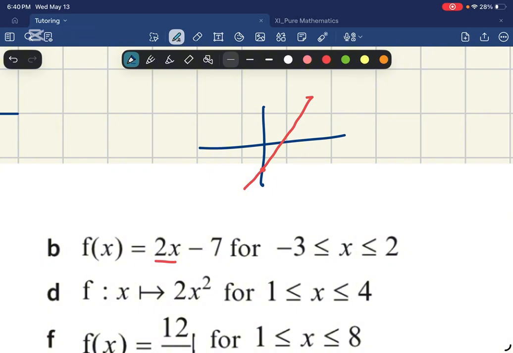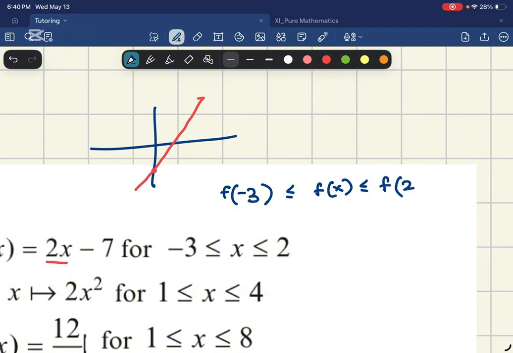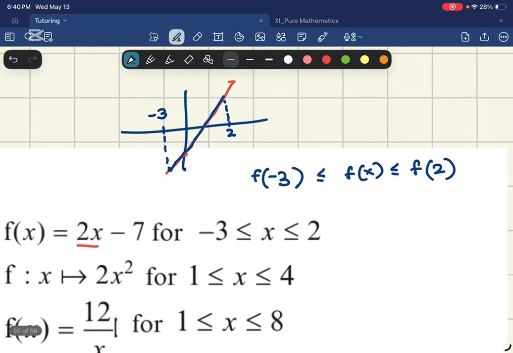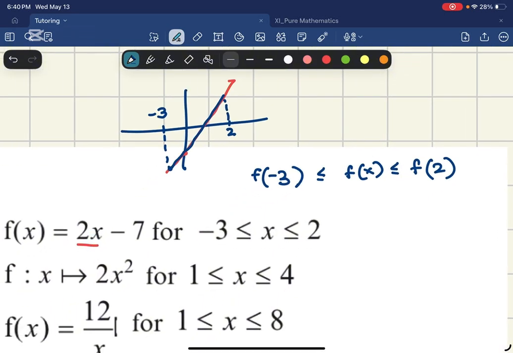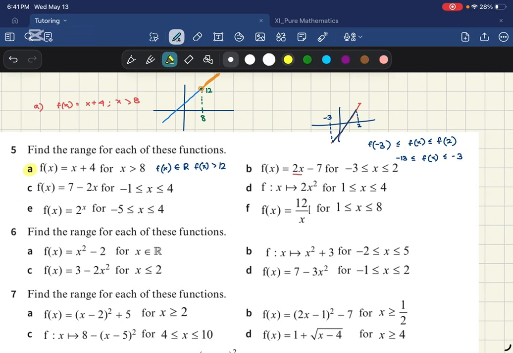You can't do it for all functions, but if it's an increasing function that is one-to-one, as in this case, then your range is just going to be from f of negative 3 to f of 2. So this works for this case. Because negative 3 is going to be here, and then it goes up until whatever the value is when x is positive 2. So if I substitute negative 3 here, I get negative 13, I believe, and if I substitute 2 here, I get negative 3. So that is my solution for B.